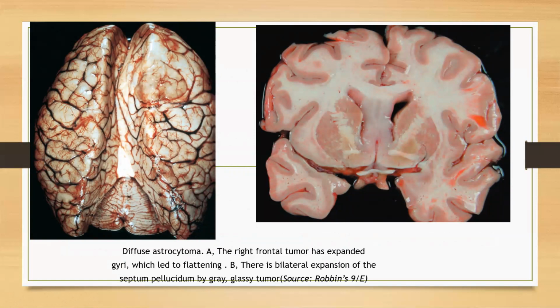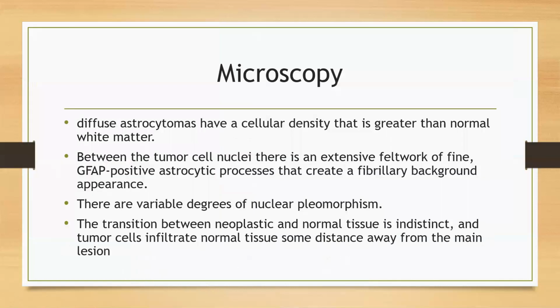The right frontal tumor expanded the gyri, which led to flattening. There is bilateral expansion of the septum pellucidum by a gray, glassy tumor. This is a picture from Robbins, page 937.